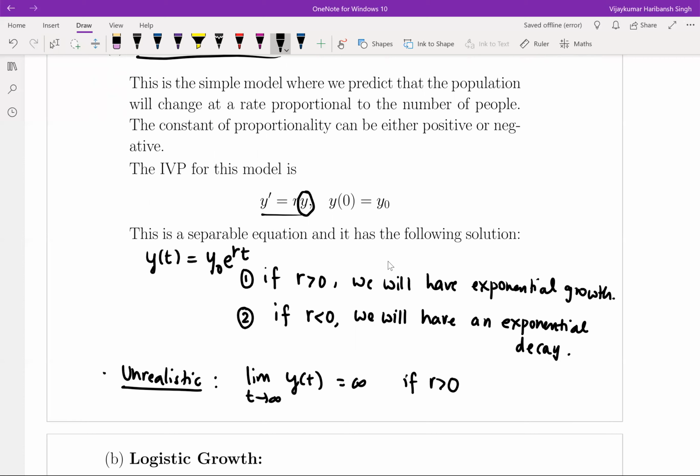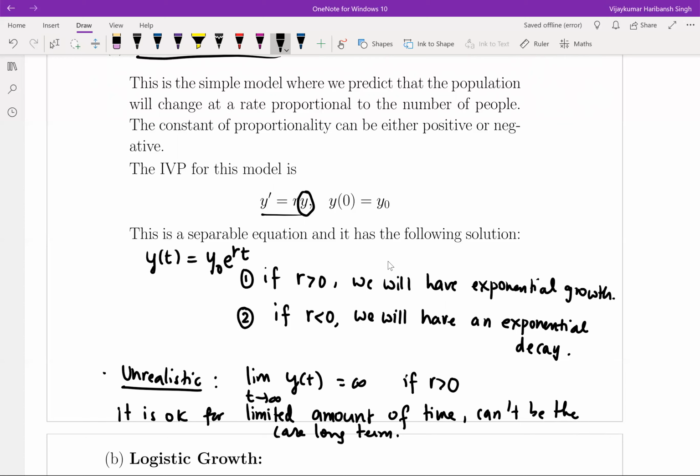The population will not go to infinity. It is okay for a limited amount of time, meaning the population growth will follow the exponential growth for a limited amount of time, but it can't be the case long term.